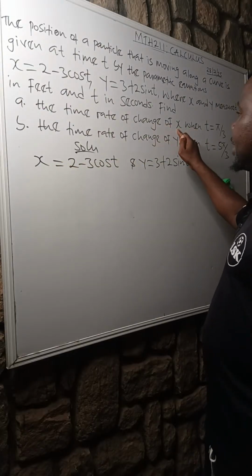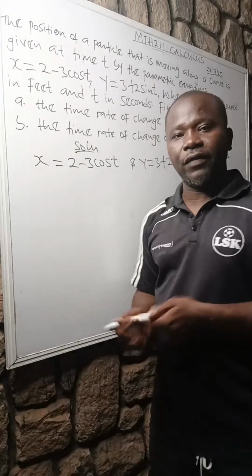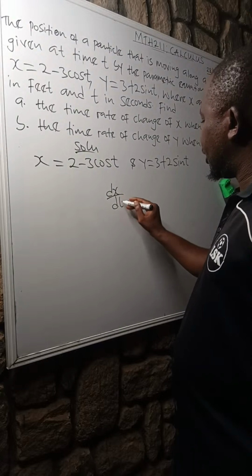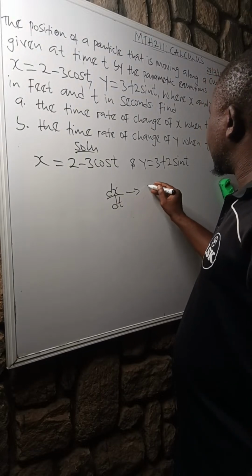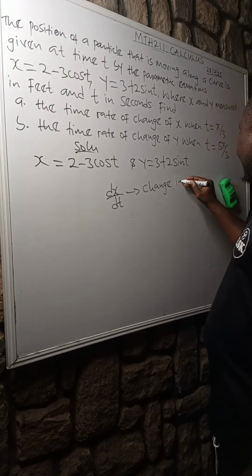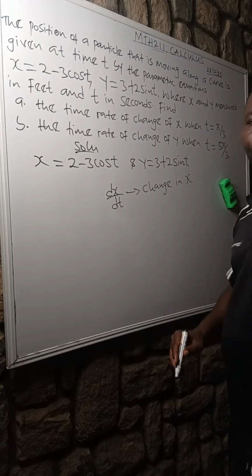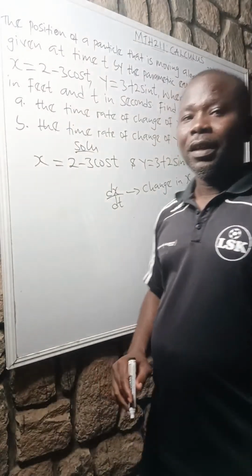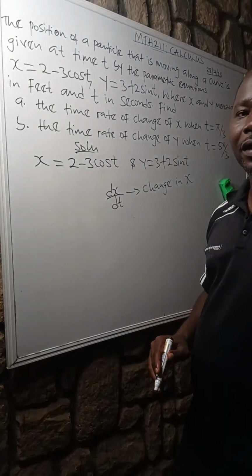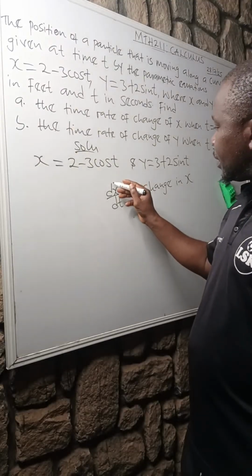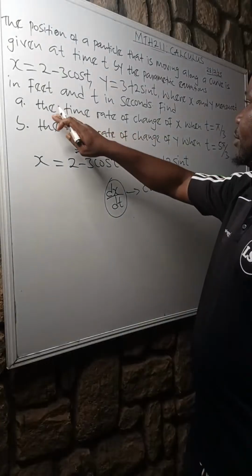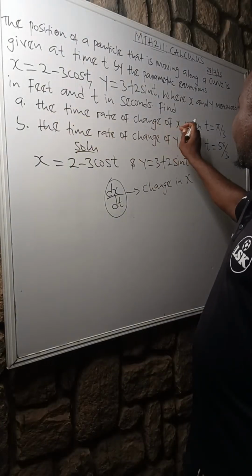When we say change of x, dx all over dt is the same thing as the time rate of change of x.